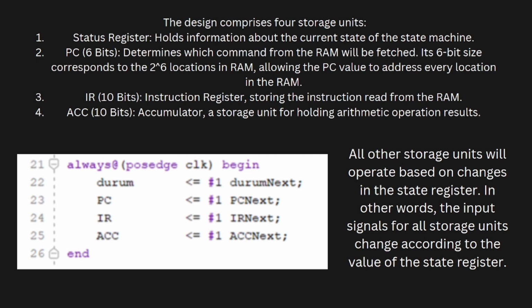And we have an always block here, and all other storage units will operate based on changes in the state register. The input signals for all storage units change according to the value of the state register.